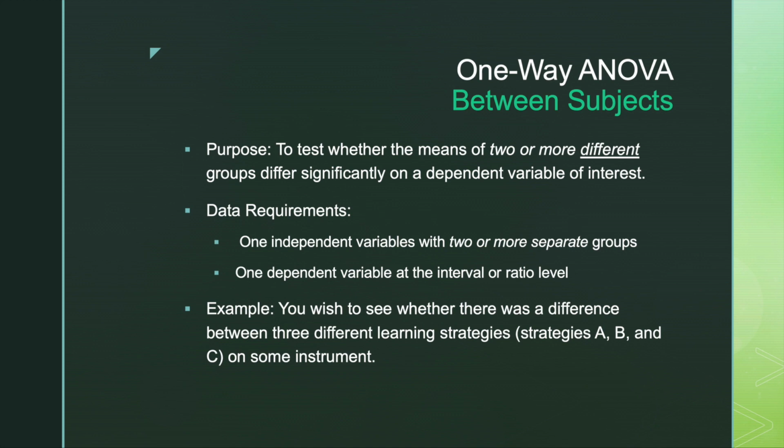So we need an independent variable that has two or more separate groups. Okay, the groups have to be separate from each other. And then some dependent variable at the interval or ratio level. So our example here is we wish to see whether there's a difference between three different learning strategies, either A, B, or C, on some instrument.